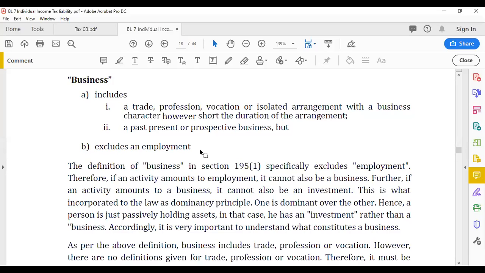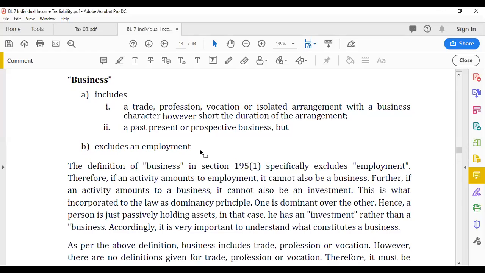We will discuss in detail what we mean by trade, profession and vocation. Trade is simply buying and selling items for the purpose of making profit. You can buy a product X for 10 rupees and sell it for 15 rupees. You will make 5 rupees as profit.